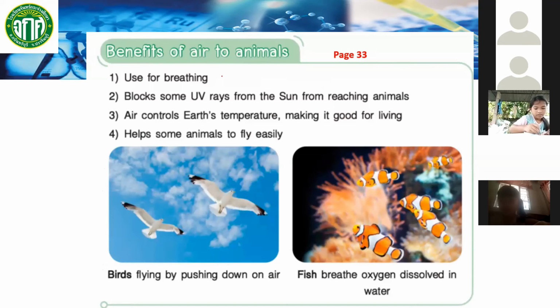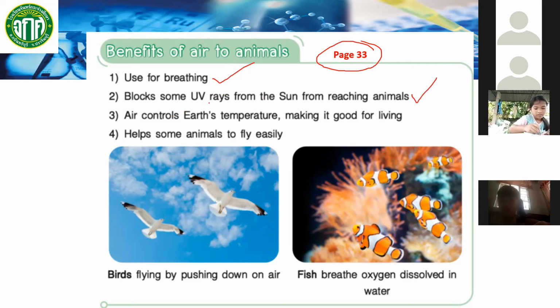So what are the benefits of air to animals? Number 1, used for breathing. That is the basic benefit of air to animals. Number 2, blocks some UV rays from the sun from reaching animals.